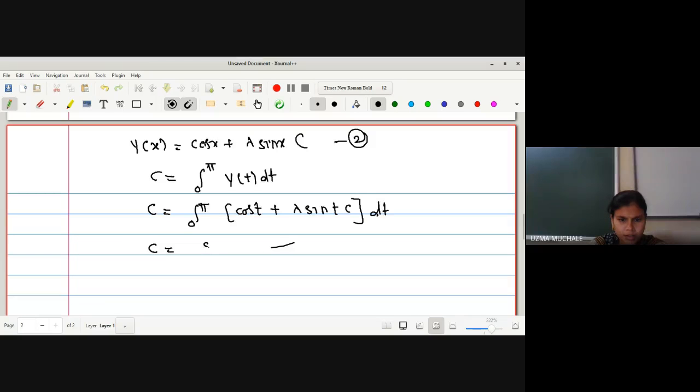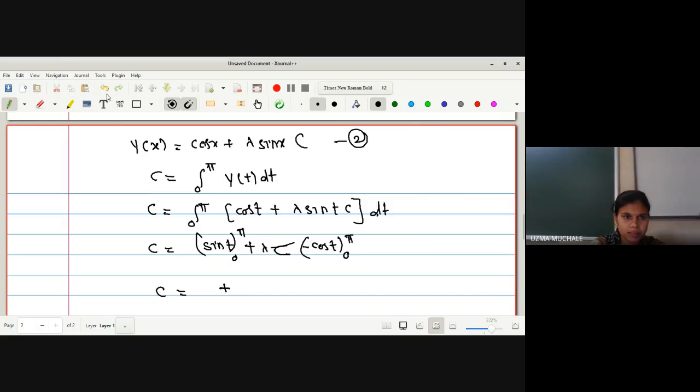So the integration of cos is sin t, plus lambda as it is, and the integration of sin is minus cos t, within the limits 0 to pi, with c there. Sin pi is 0, sin 0 is 0, so this term will be 0.